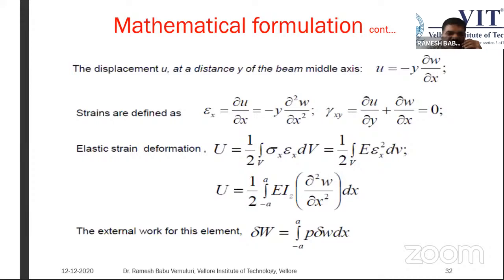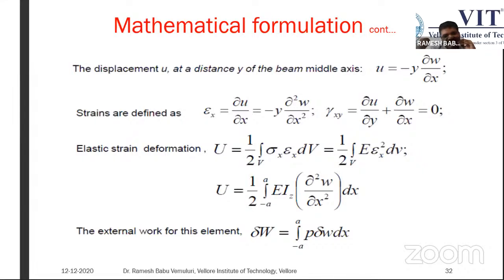The strain energy U is equal to half the integration over volume of sigma x epsilon x dV, which is half of sigma x, which is E into epsilon x, squared. So now this dV I can write in the form of dA into dx, where dA is the area. So the integration of this y square dA we can get as Iz. So U is half the integral of E Iz times dou square w by dou x square, squared, dx.